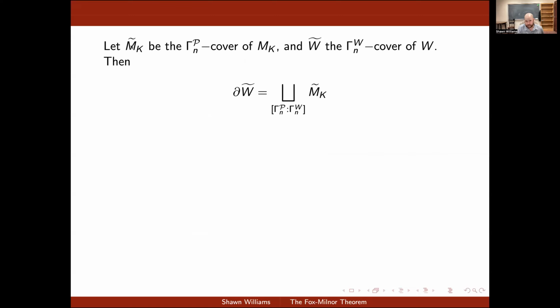Let MK tilde be the regular gamma_nP cover of MK, and W tilde be the regular gamma_nW cover of W. So the gamma_nW cover of MK is going to be the boundary of W tilde, and that's just a disjoint union of copies of MK tilde, indexed by the index of gamma_nP in gamma_nW. This is a bit of an abuse of notation because gamma_nP is not a subgroup of gamma_nW, but here we're just going to take it to be. It makes the notation a little bit cleaner.